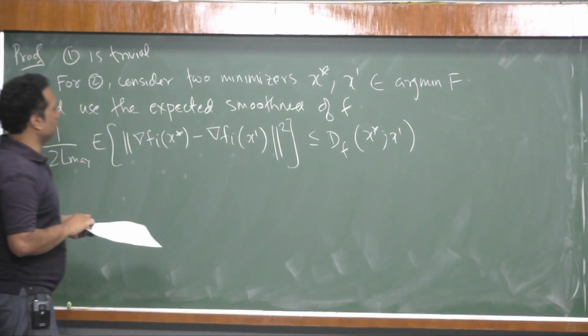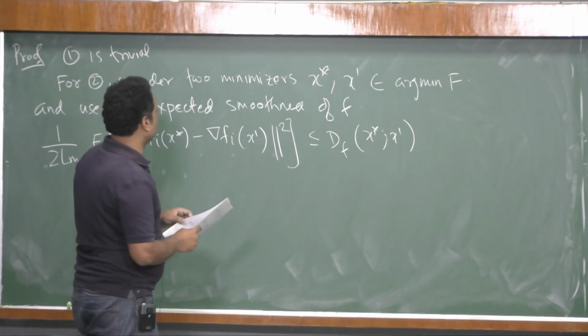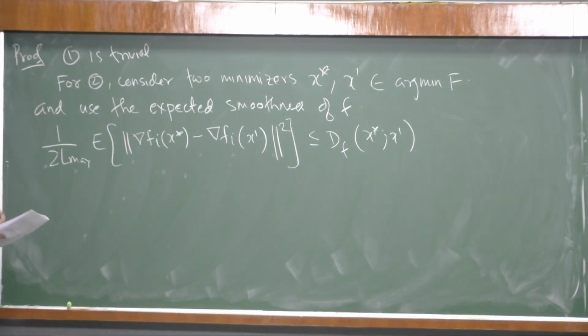So this is exactly the expected smoothness, right? Which we just used some time ago. 1 by 2 L max expectation of the norm is less than or equal to basically f(y) minus f(x) minus grad f(x), y minus x, which is exactly the Bregman. And Bregman itself is less than or equal to capital F(x) minus infimum of, why should I say capital? I mean, it should be, yeah.